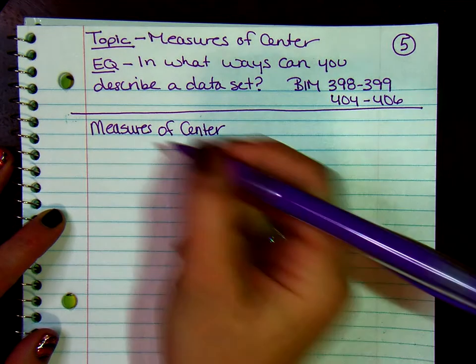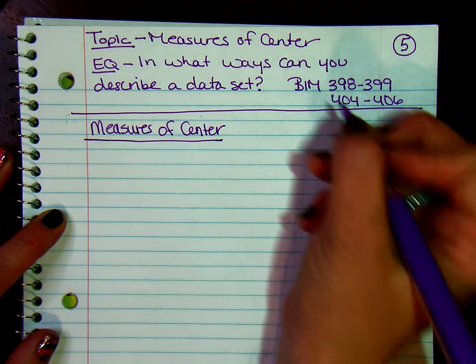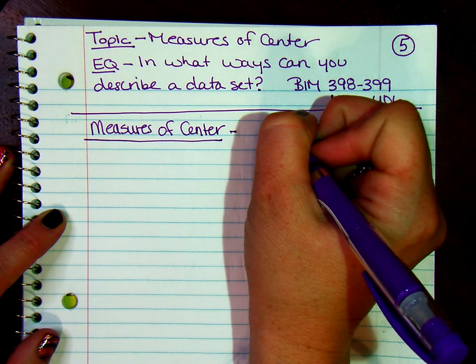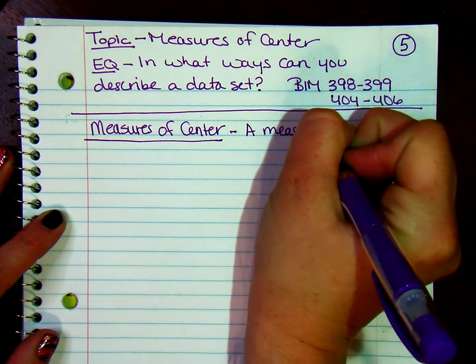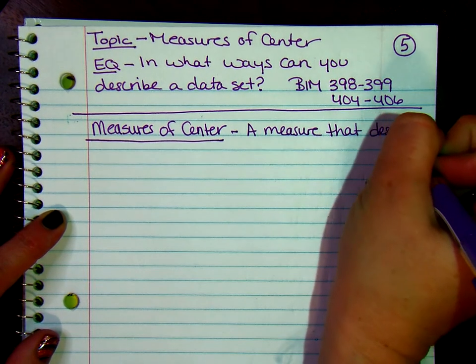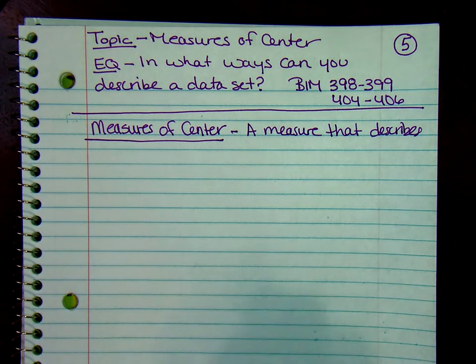Our first term that we will be describing is measures of center. Measure of center is a measure that describes the typical value of a data set.